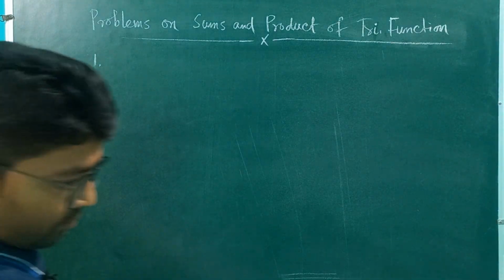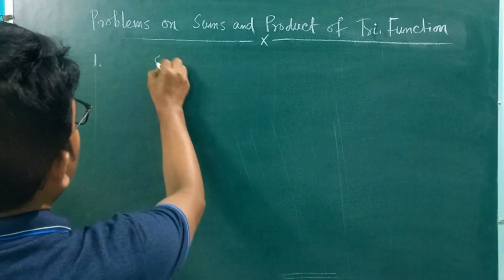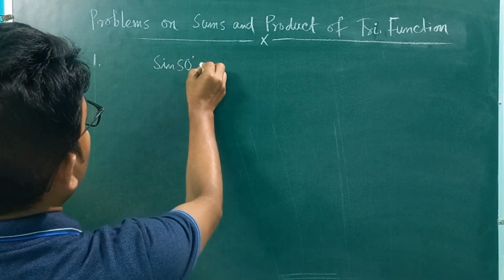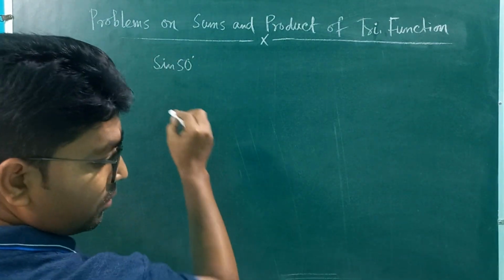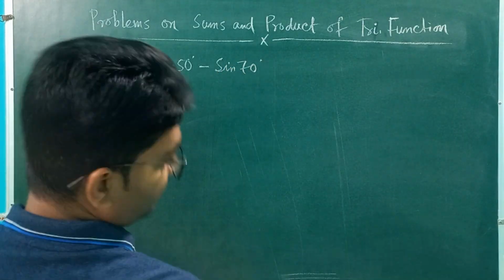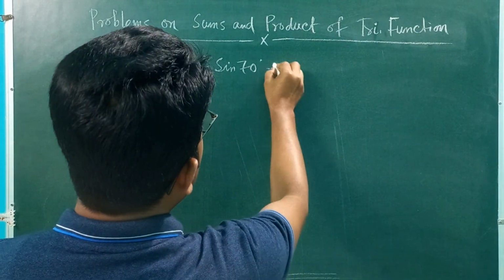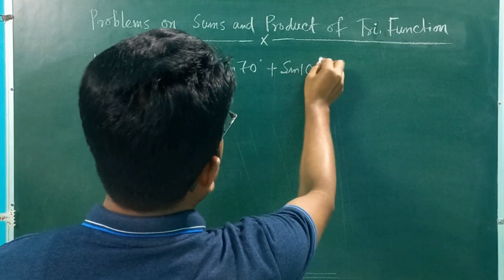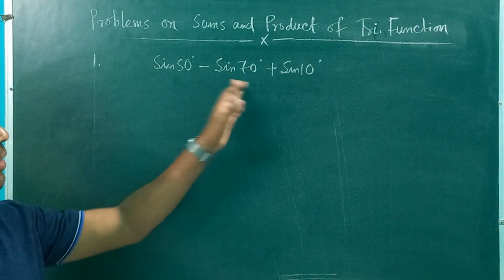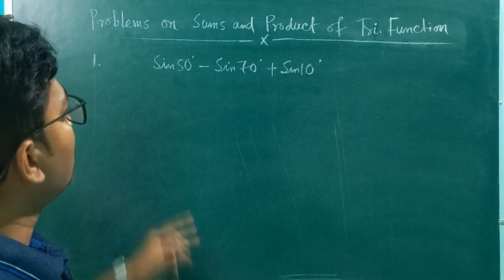Number 1. We have to calculate the value of a trigonometric expression, that one: sin 50 minus sin 70 plus sin 10 degree. We have to calculate the value of this expression.